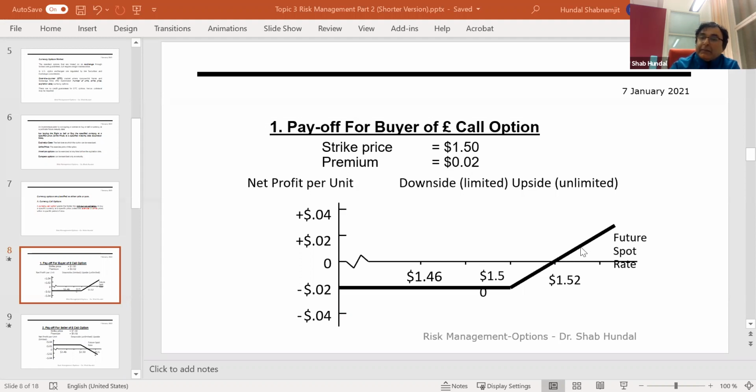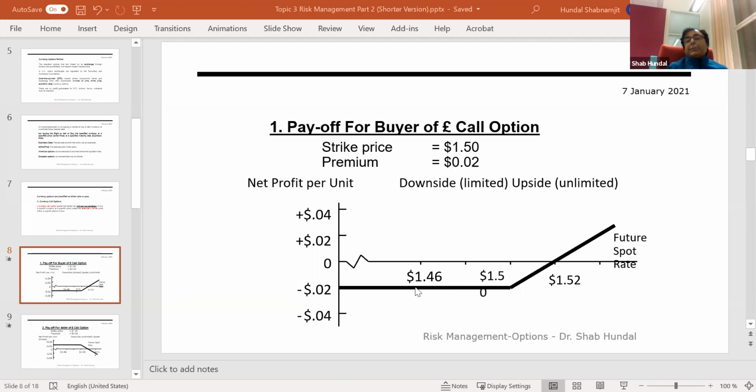And then anything above this, you must exercise. So if you look at the graph, if you look at the trajectory, you find that when the strike price is more and the market price is less than the strike price, you must not exercise the option. When you don't exercise the option, you lose these 2 cents straight away.